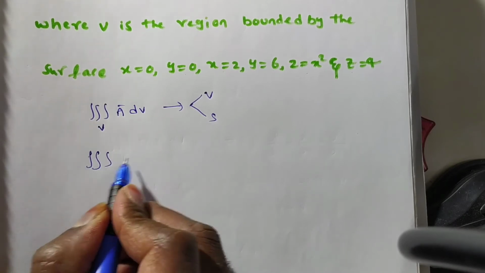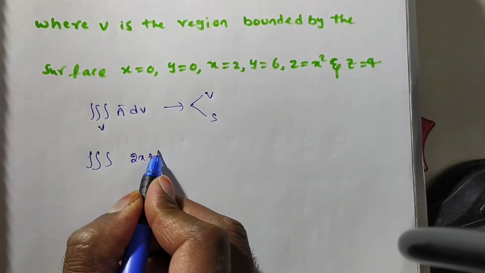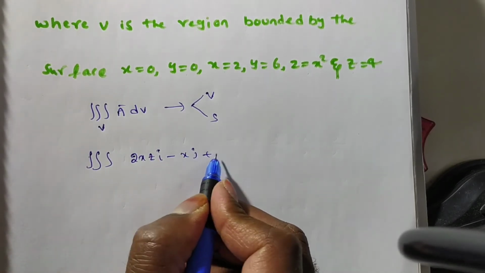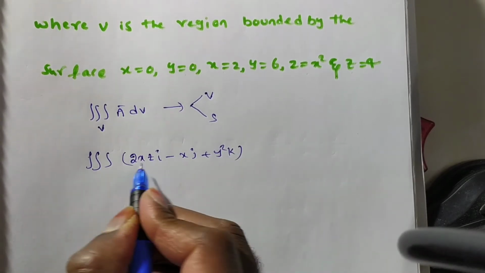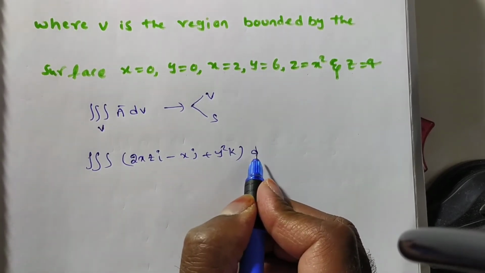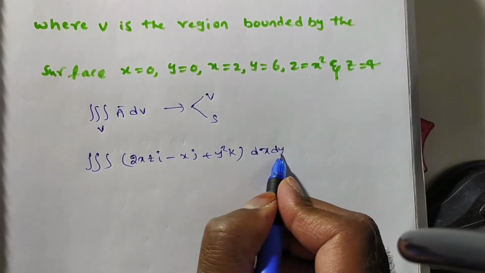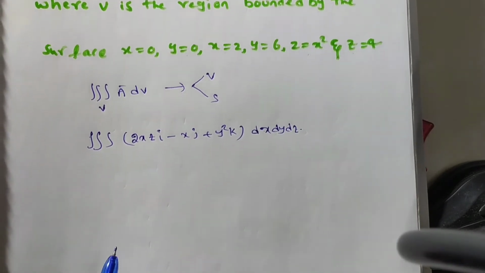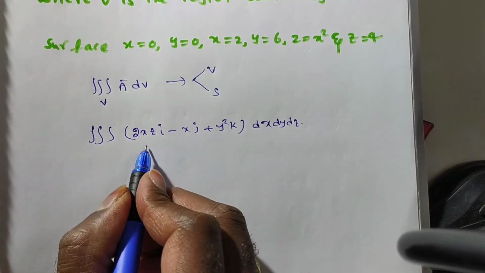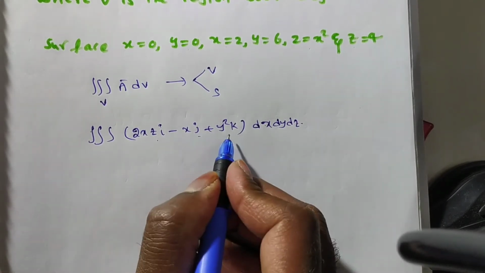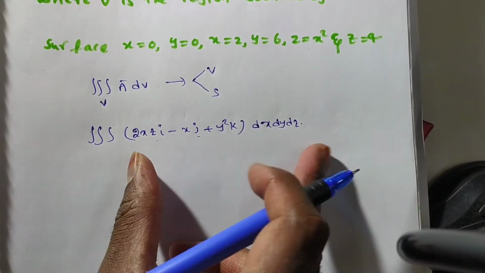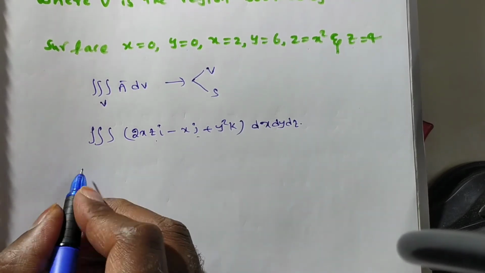So the triple integral of A is nothing but 2xz i minus x j plus y square k into dV. dV is nothing but, since we are doing this in coordinate planes, dx dy dz. So you require the limits for this. Friends, you see here i, j, k, so this is a vector, so you can separate three terms. I am considering it as three parts.